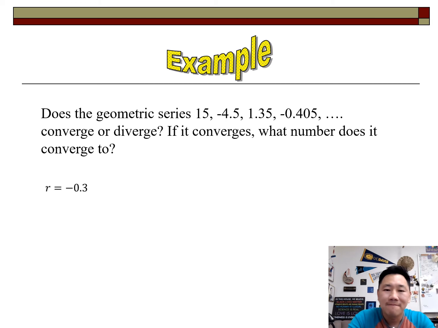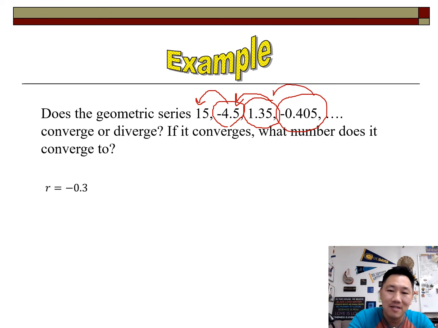How did I do that? I just take this number, negative 4.5, and divide it by that number. And then you can do that whole thing. Take this number, divided by this number. Take this number, divided by this number, and all of them should be the same. They all should be negative 0.3.